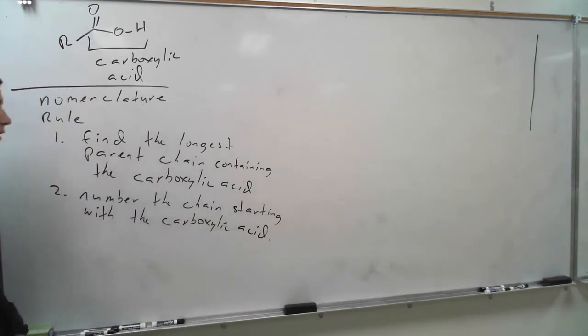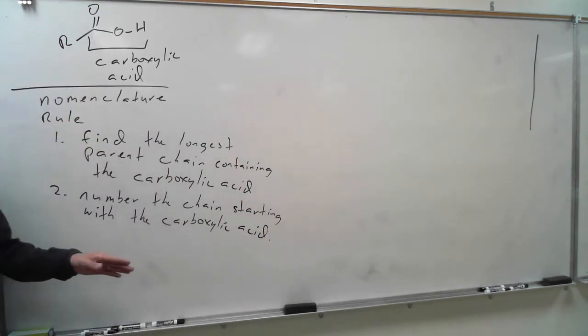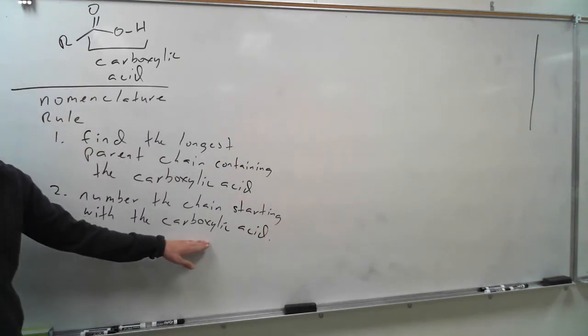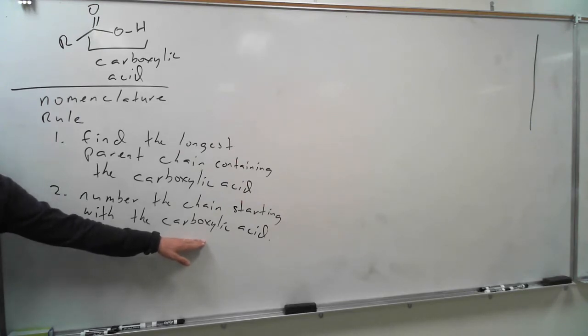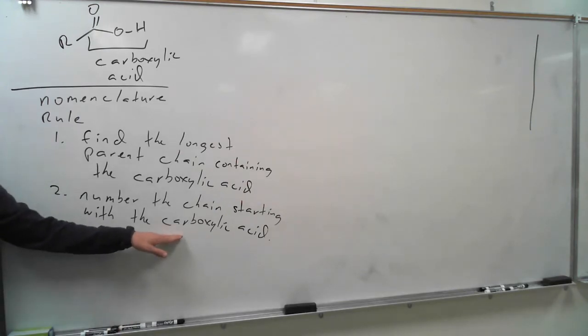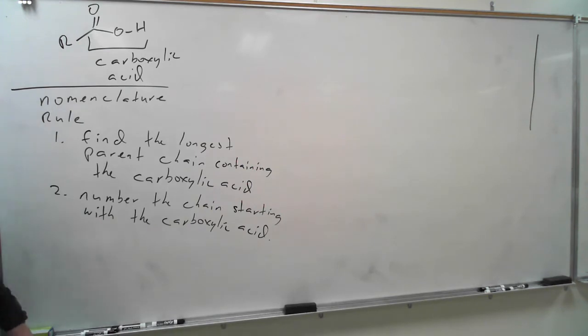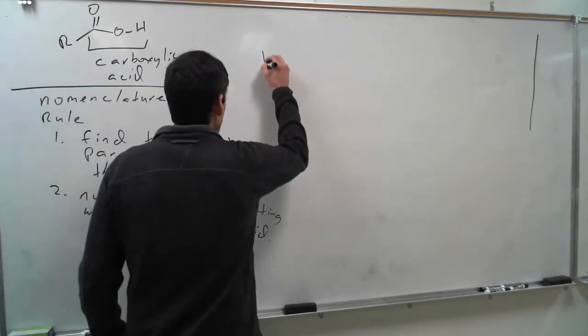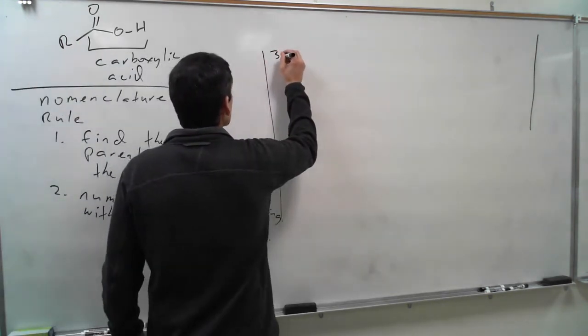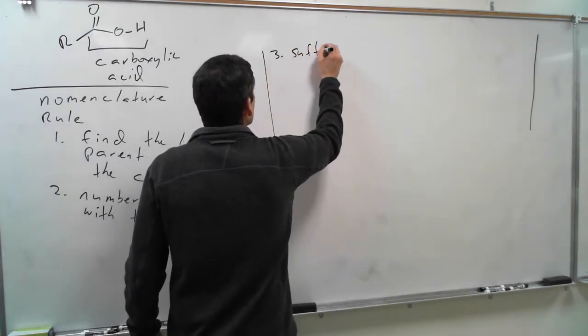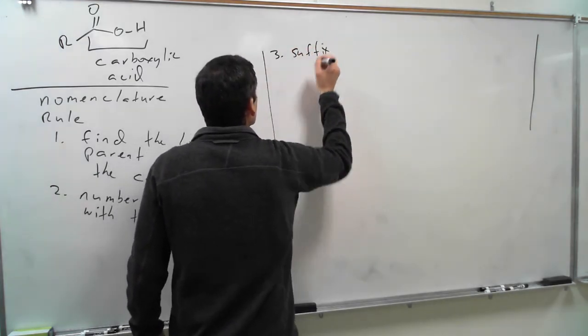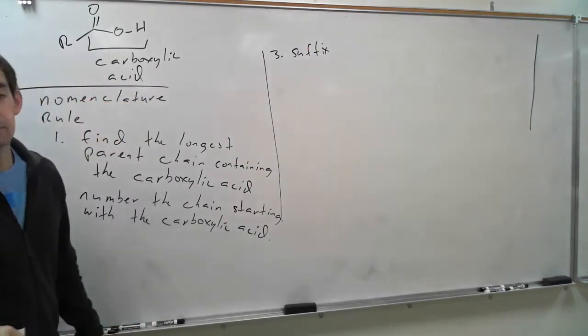Okay, just like we saw with other functional groups and how we name them, we're always going to start numbering from the functional group on. So that's going to be our number 1 carbon, and then we work across. Okay, and rule 3 is our new suffix. So we have a new suffix for our carboxylic acids.